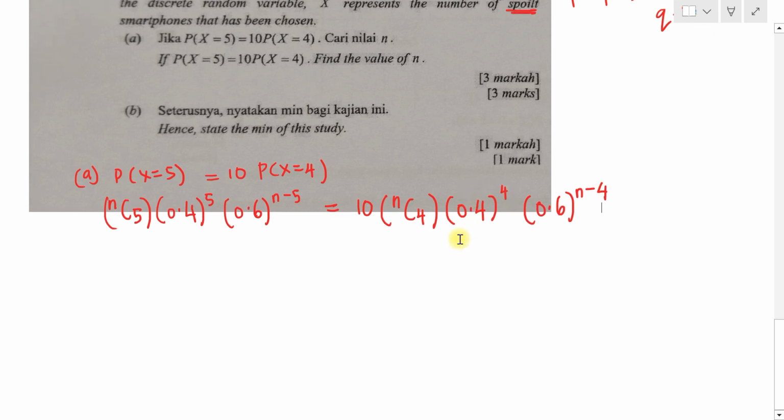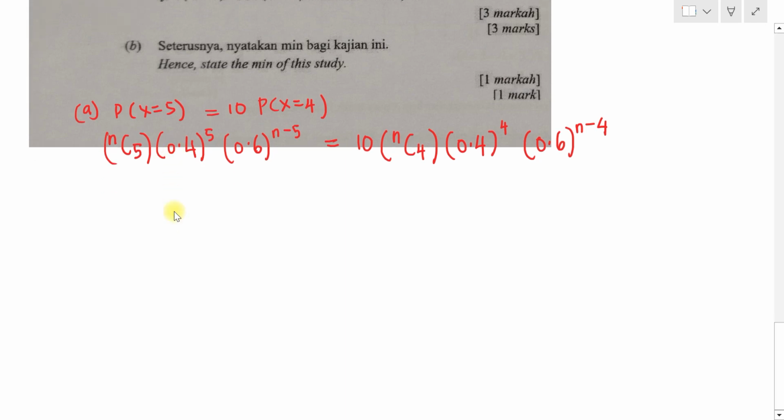Okay, so you get something like this. If you can see, we have a combination problem and also powers. We try to solve one by one. So let the nC5 be there.